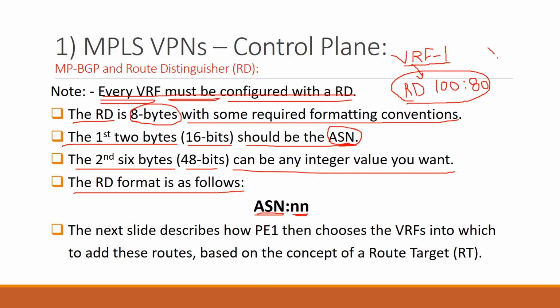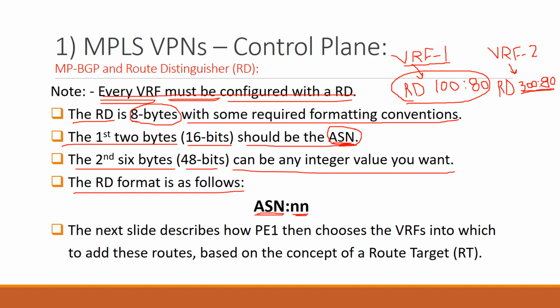And similarly, VRF2, configured on provider edge 2, must be configured with a route distinguisher. Let's say 300, the autonomous system number of enterprise 2, colon, and let's say 90. We can use 80, whatever, because the autonomous system number, that's why I prefer it, makes the route distinguisher unique, even if you use the same integer value for the second 6 bytes.